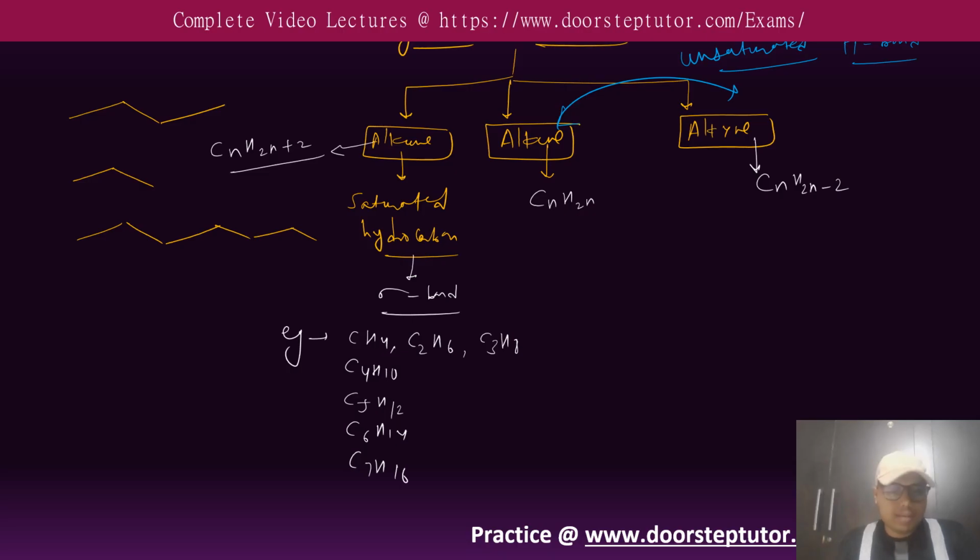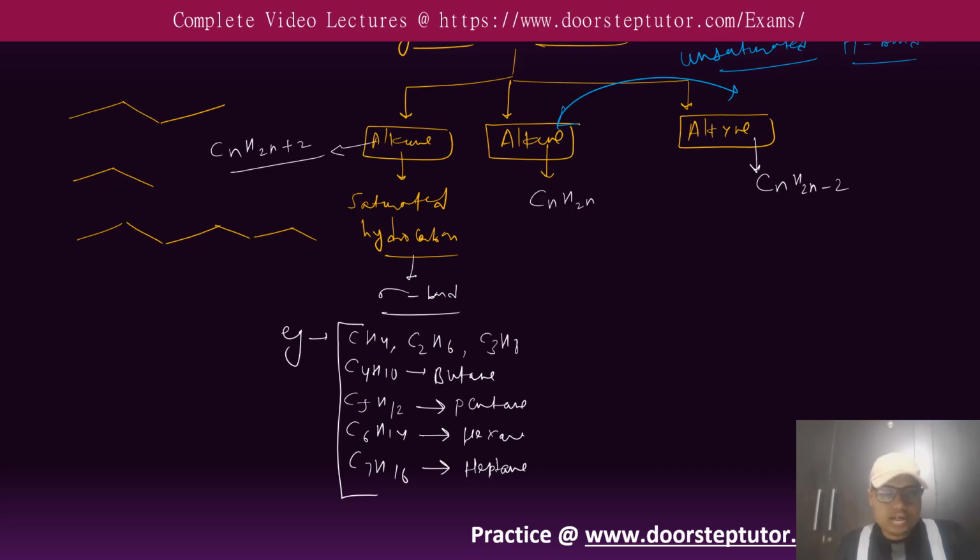These are all examples of the alkane. What is the name of this compound? This is butane. This is pentane. This is hexane. This is heptane. So all these compounds are alkanes.